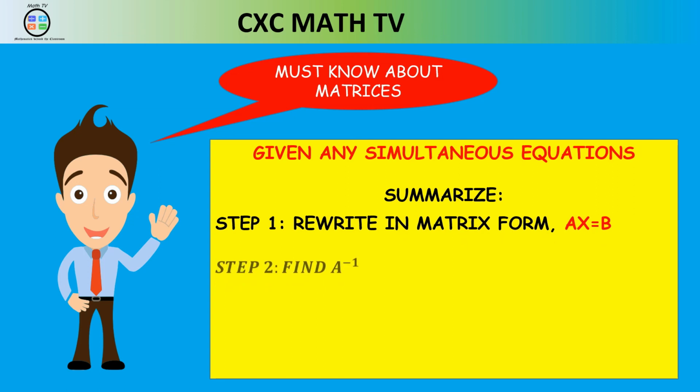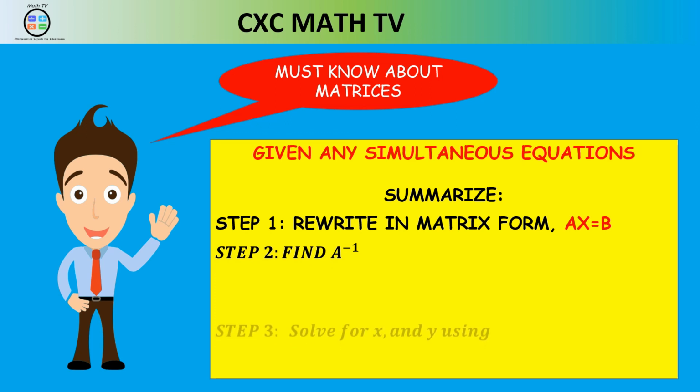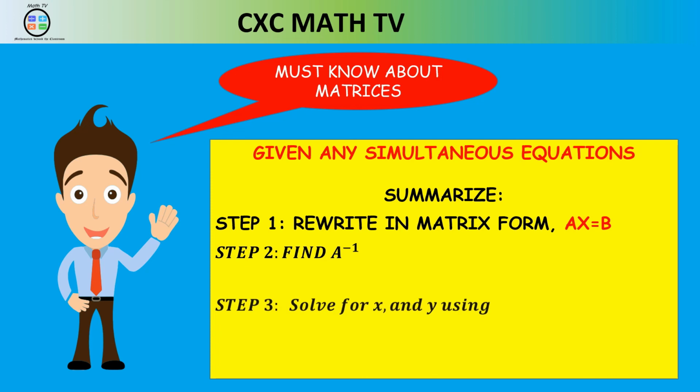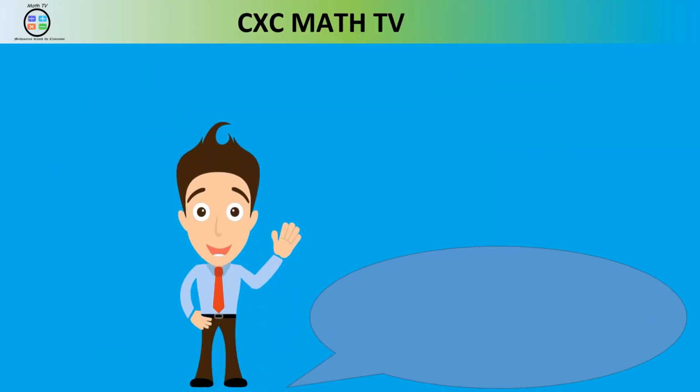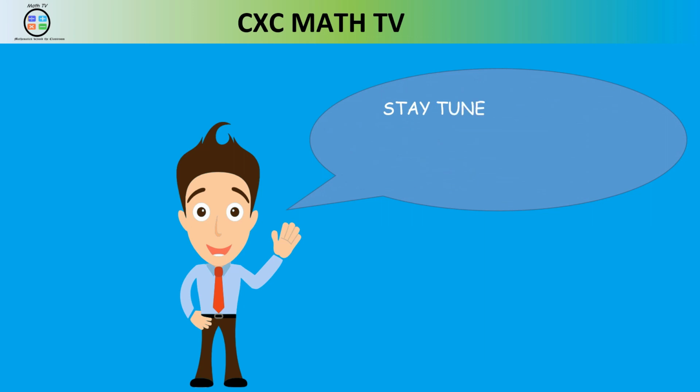And then step 3 is you're going to solve for X and Y using the unknown X is equal to A inverse times B. So you already know A inverse and you already know the matrix B, the result matrix. That will give you the unknown matrix X. Alright? So once you utilize these 3 steps, you'll be absolutely fine.